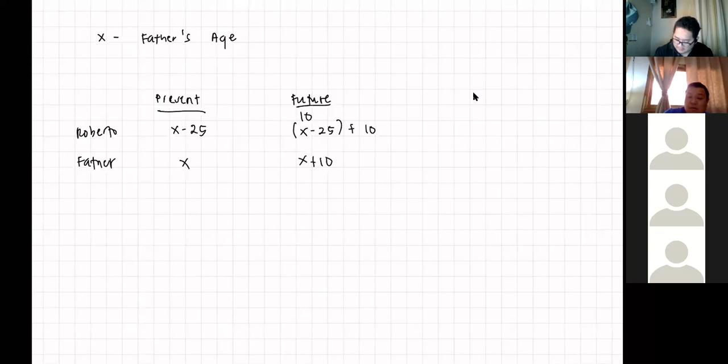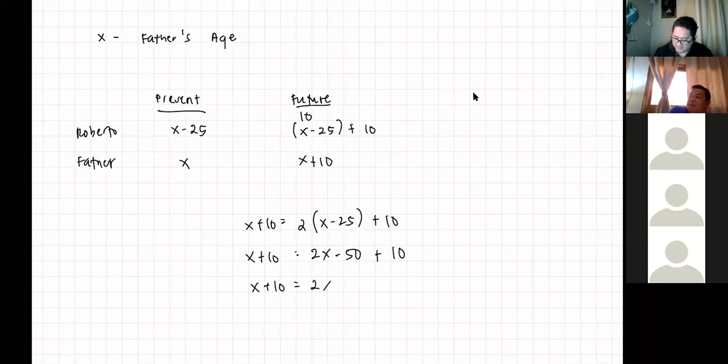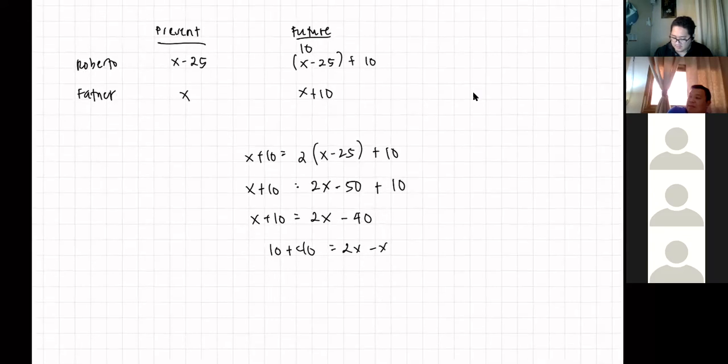So, yung age ng father in the future, x plus 10, equal siya dun sa twice ng age ni Roberto in the future. Okay? So, x plus 10 is equal to 2x minus 50 plus 10. So, this will be x plus 10, 2x minus 40. Magiging transpose. So, 10 plus 40 is equal to 2x minus x, or 50 is equals to x.